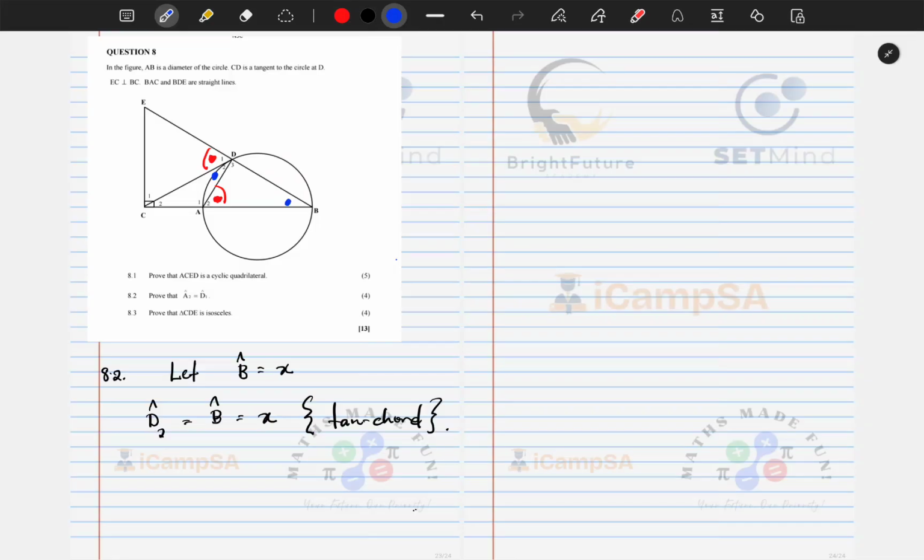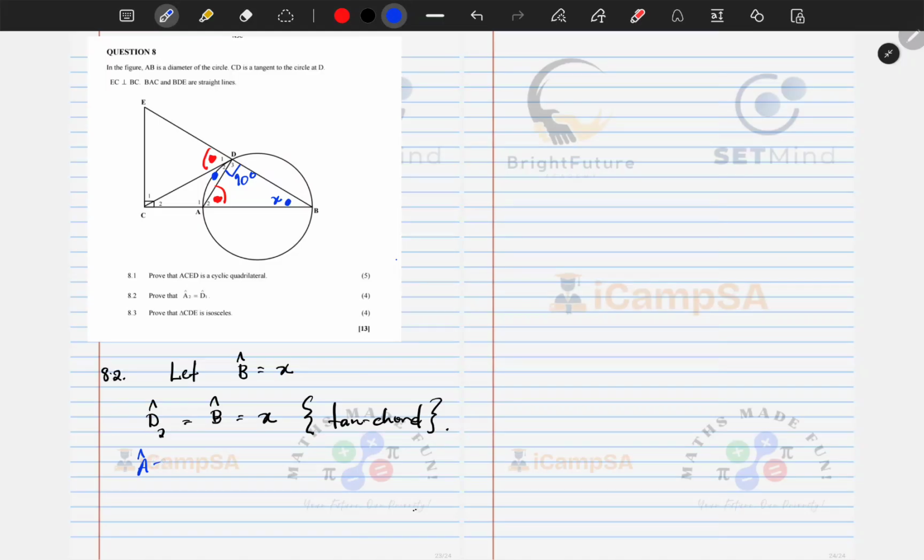And then from there, remember we can find A2. So if we have this as equal to X and we have that as 90 degrees, it means that we can find A2. So your A2 is going to be 90 minus X. So let's just do it like this.